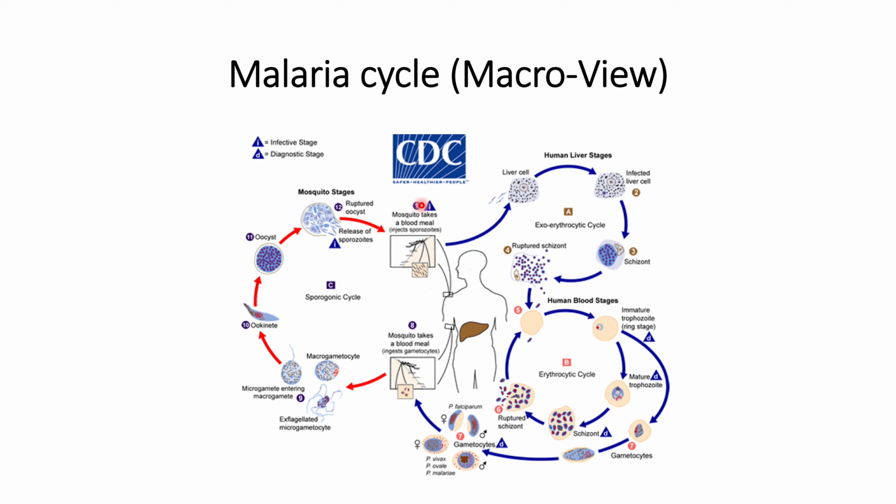So let us start with point number one, that is when a malaria infected mosquito takes a blood meal from a human patient, at that time it will inject sporozoites from its saliva.